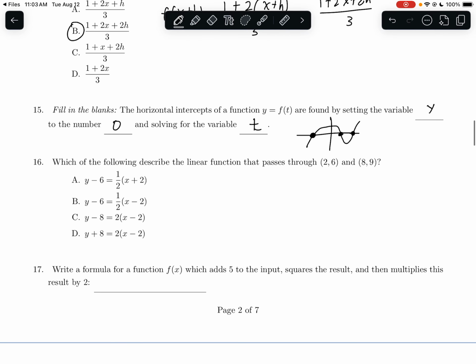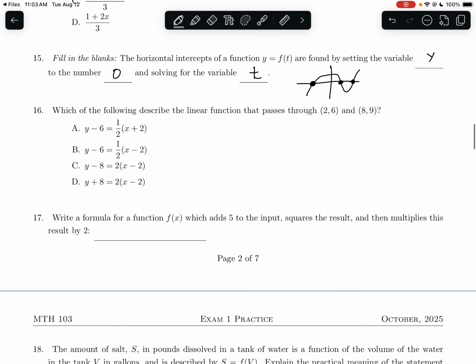Okay. Which of the following describe the linear function passing through these 2 points? So these are all in point-slope form. It would be helpful if you found the equation using that form as opposed to finding it in slope-intercept and having to go backwards.